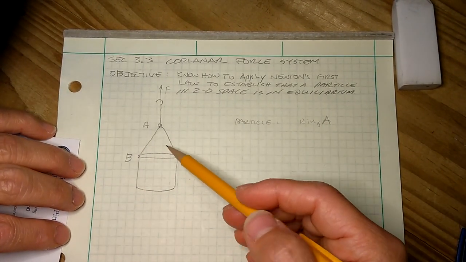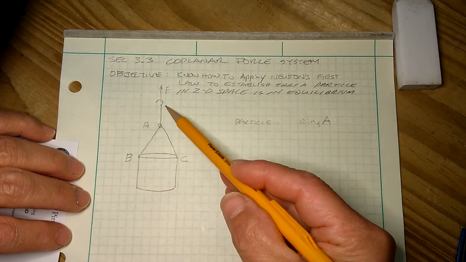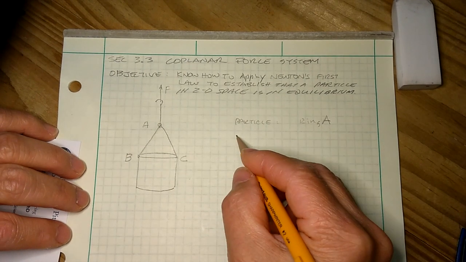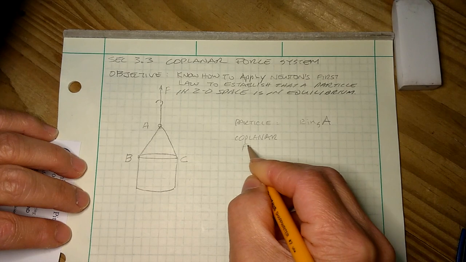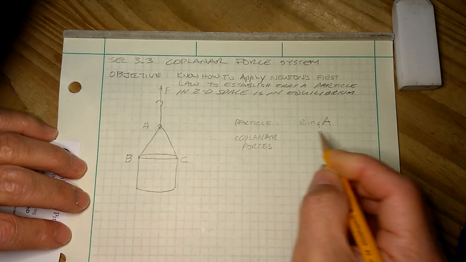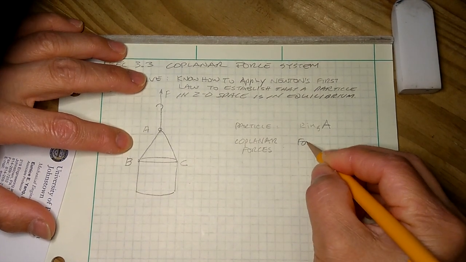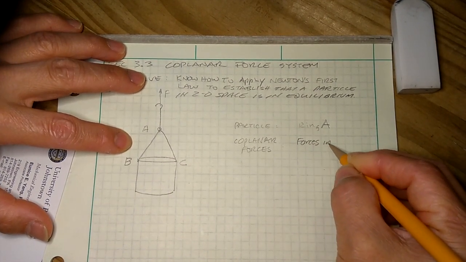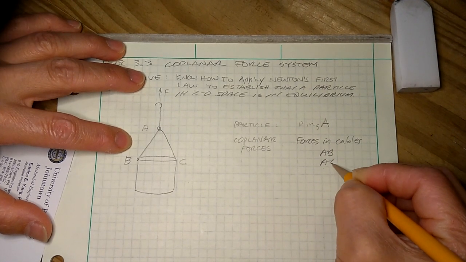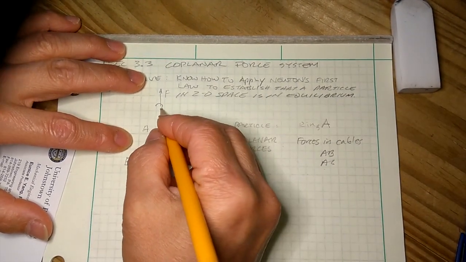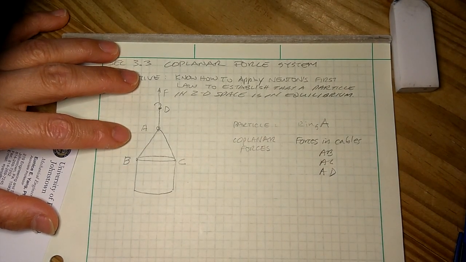Now we need to look at the effects of each of these forces along each of these cables on ring A. The coplanar forces that we are interested in are, let's say, the forces in cables AB, AC, and, let's call this point D, AD.